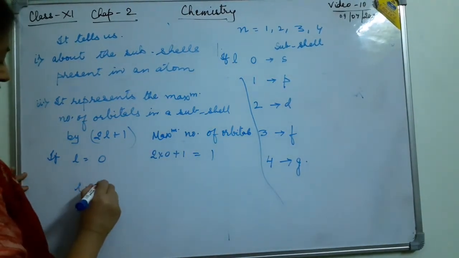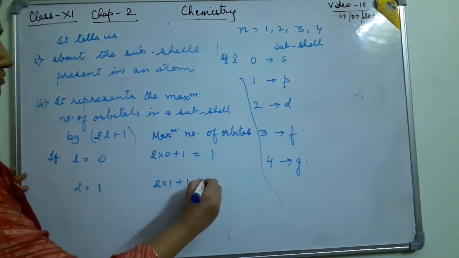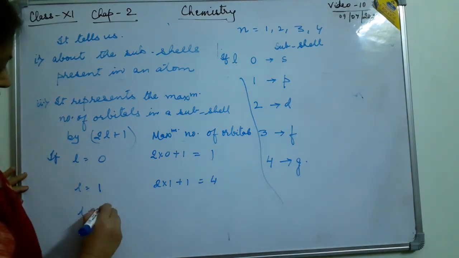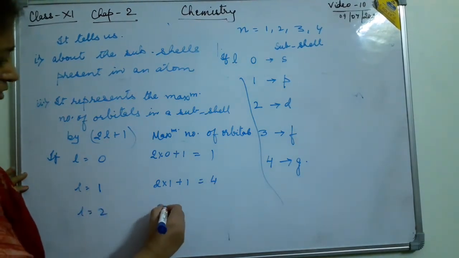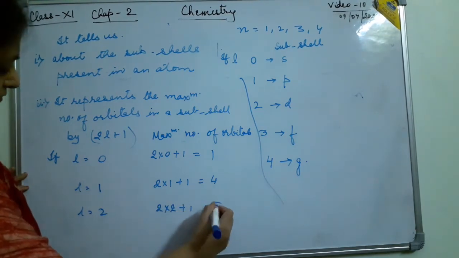If L equal to 1, 2 into 1 plus 1 equal to 3. If L equal to 2, then 2 into 2 plus 1 equal to 5.